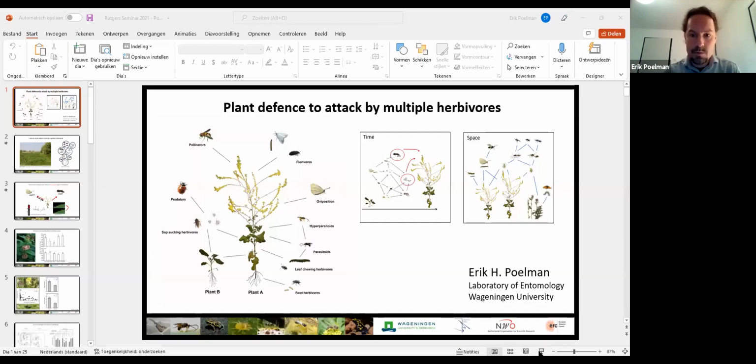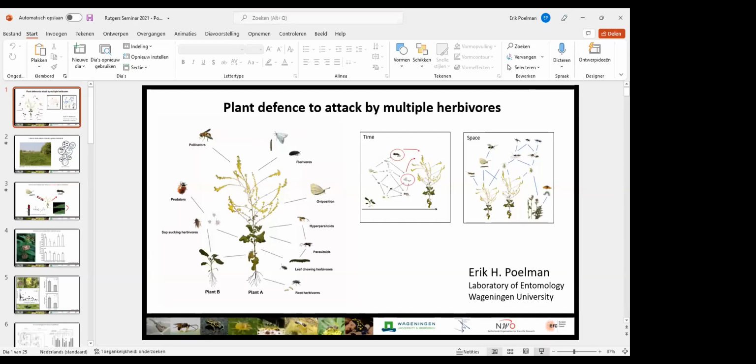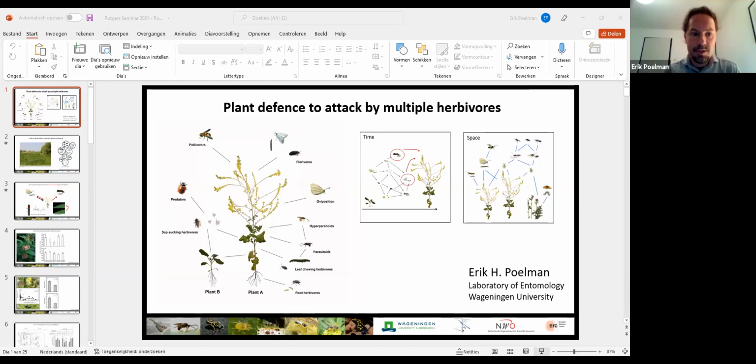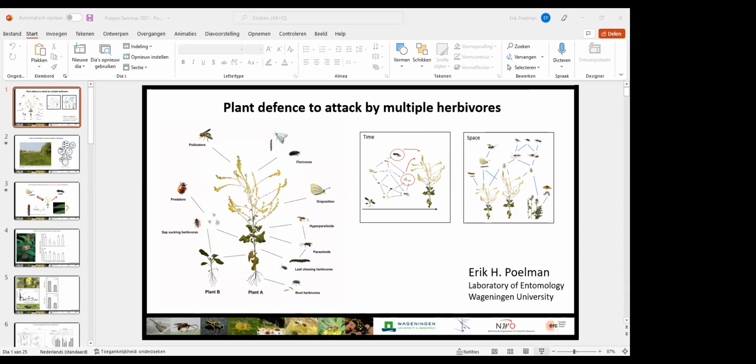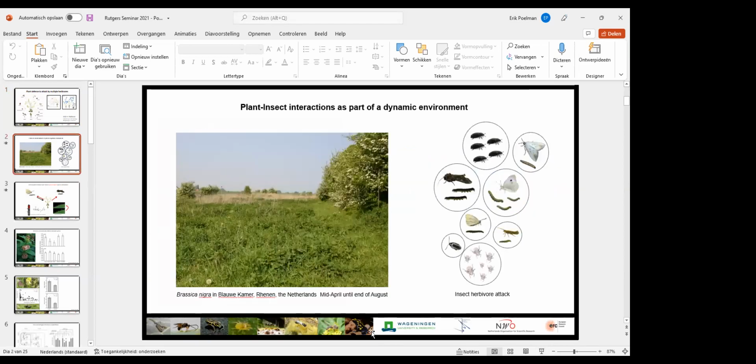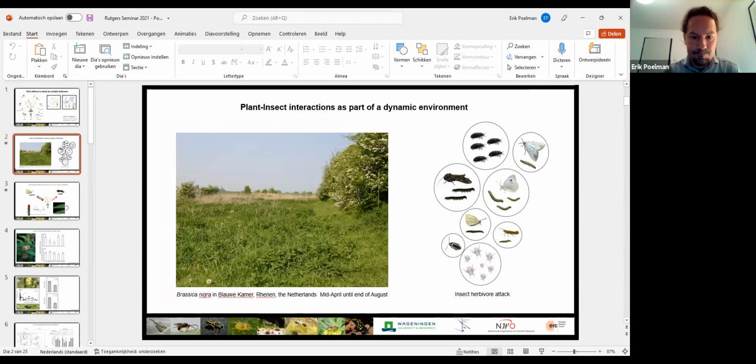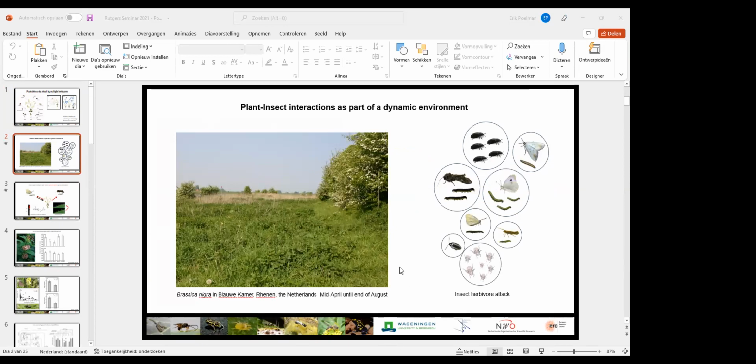I'll see if I can. Can you make the slide full screen? Yes. Can you now see the full screen slide? No. Oh, that's funny. I don't know what's happening. Well, now it's moving forward, but we're still not seeing it in full screen.